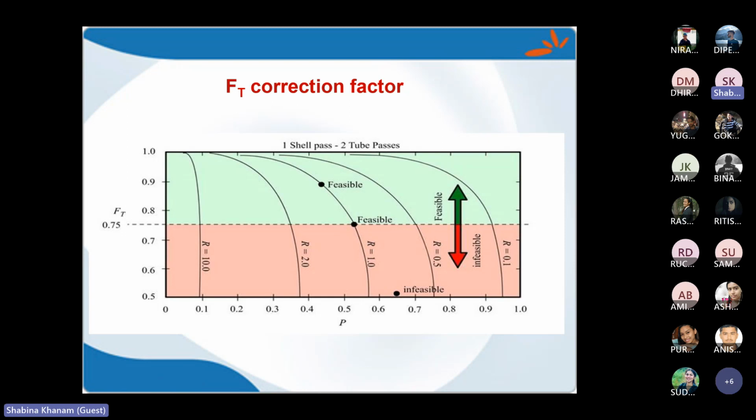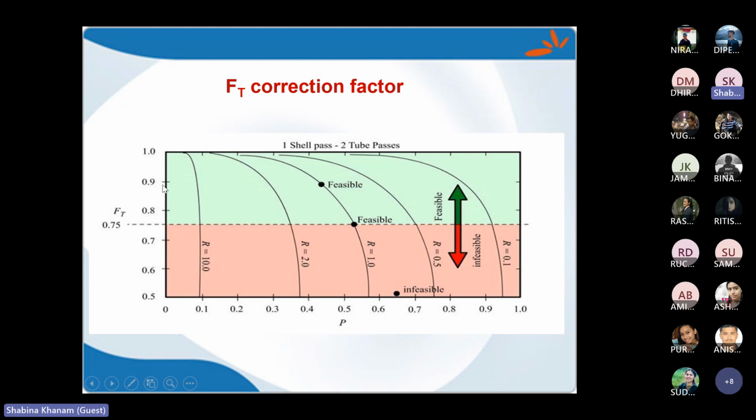But if delta T mean is reduced, then what will happen? If you consider the overall heat transfer coefficient as a fixed value, then your area will increase. So you cannot bring the FT value to a very low value, otherwise the area will increase many fold, which will give a very high capital investment. Therefore we put a bar here that the FT value should not be less than 0.75. So we consider FT values from 0.75 to 1.